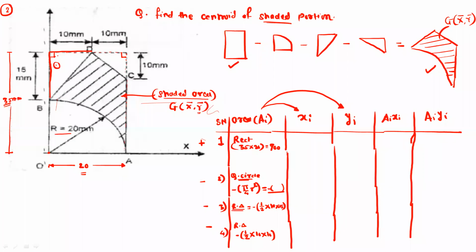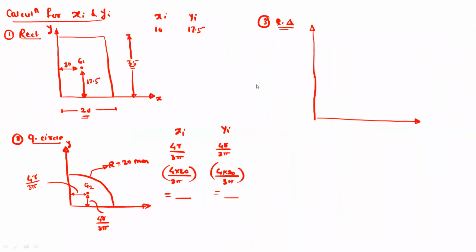And this triangle is in contact with the y axis. This is the y axis, this is x axis. This is the base, equal to 10 mm, and this is equal to 15 mm. And this is 90 degree.